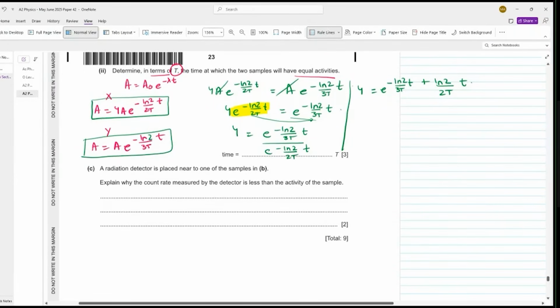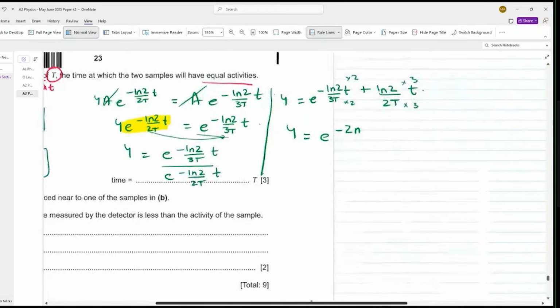Okay, what will we further do? Take LCM. Literally take LCM here. Multiplied by 3, multiplied by 3, multiplied by 2, multiplied by 2. I will have to zoom in here so that you can see the calculation.